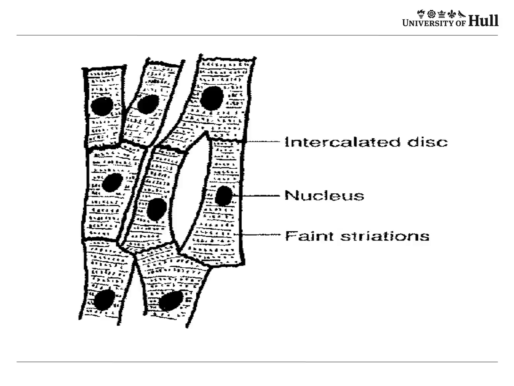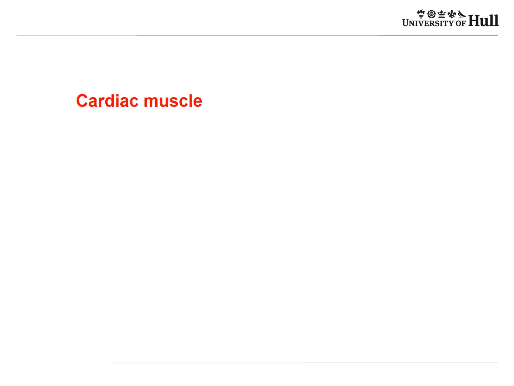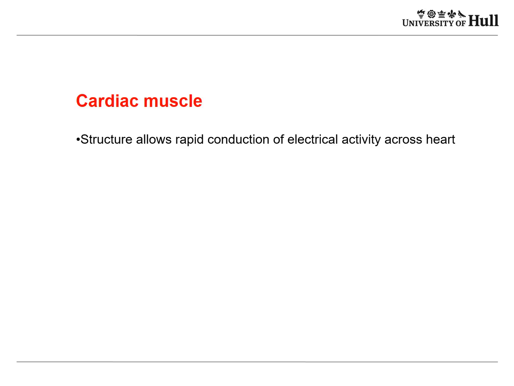The structure of cardiac muscle is related to its function. It has to function rather differently from skeletal muscle, and the branched nature and the intercalated discs allow the electrical stimulus to travel across the muscle rapidly. So the cardiac muscle structure allows rapid conduction of electrical activity across the heart.